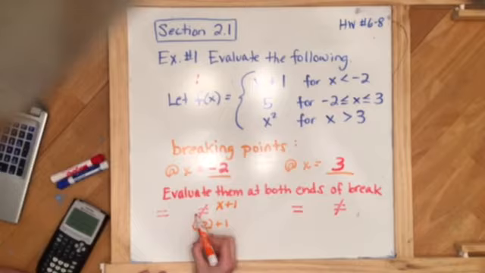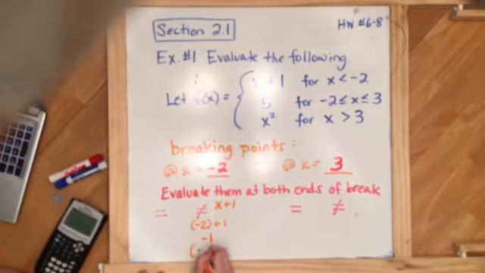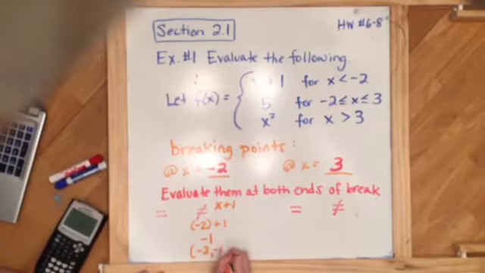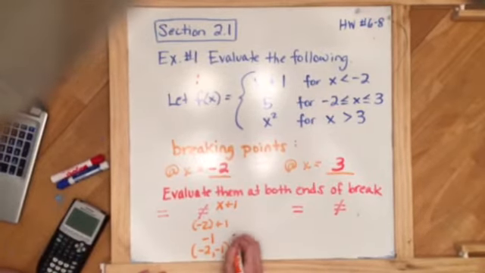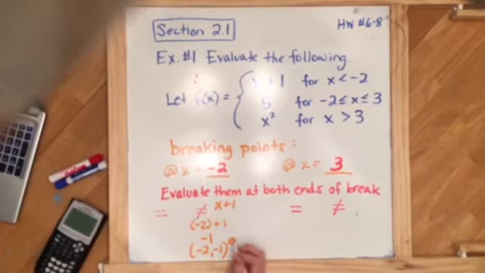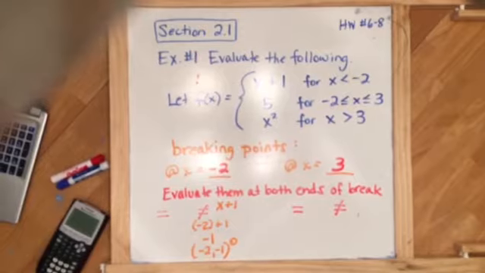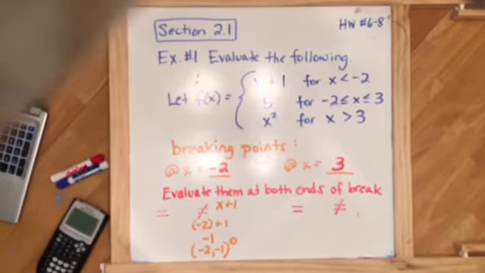So the point where it's not equal to is -2, -1. Okay, and I'm just going to put this symbol here. This is going to be an open circle when we graph it. And again, I'm going to write this down on another board that we're going to use in the next video.